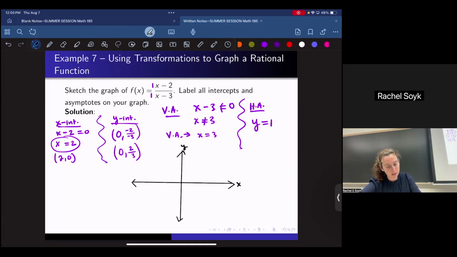Plot some points. Let's do the asymptotes first. So y is equal to 1, and then x equals 3.